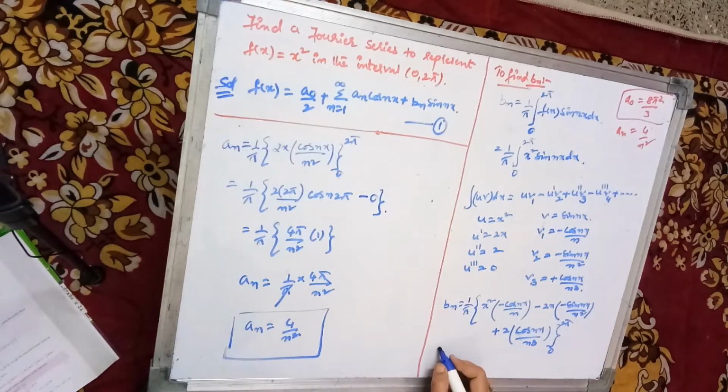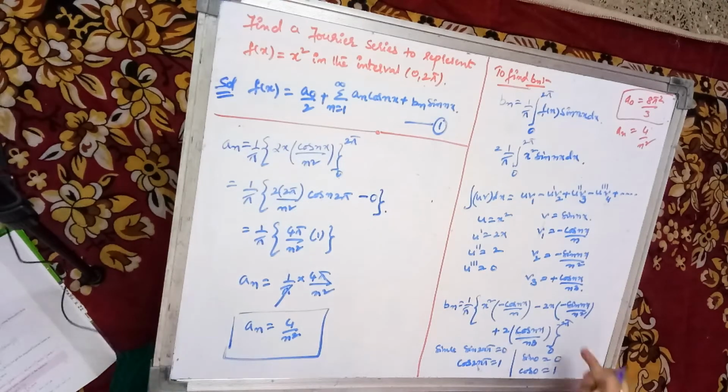We know that sine 2n pi is equal to 0, cos 2n pi is equal to 1, sine 0 is equal to 0, and cos 0 is equal to 1.